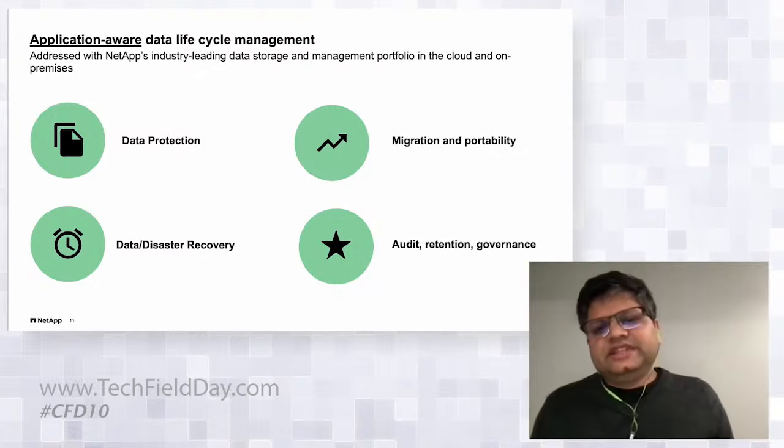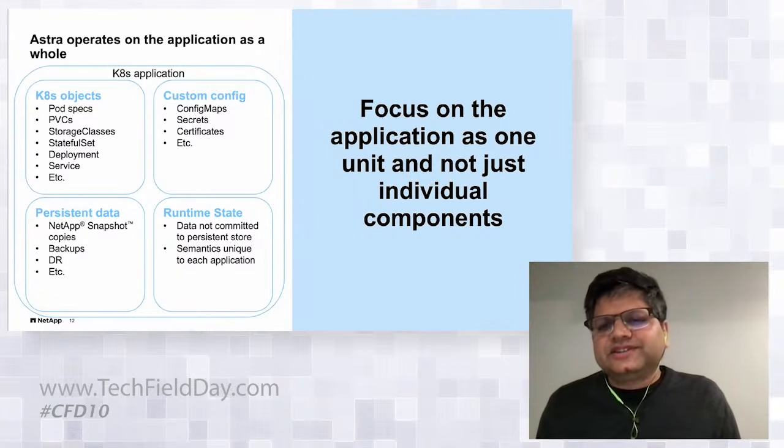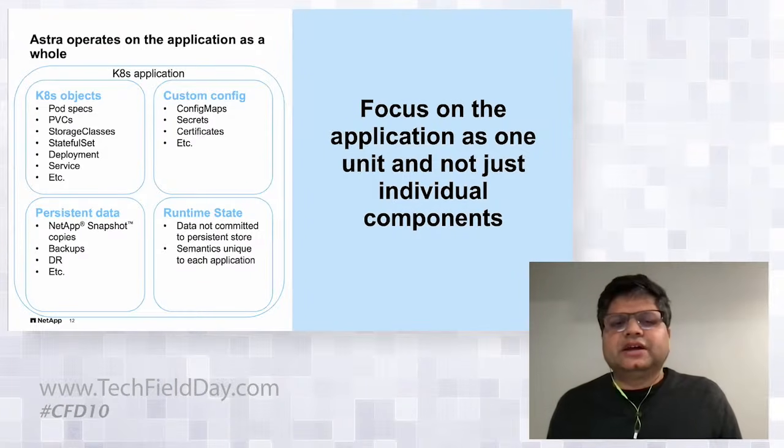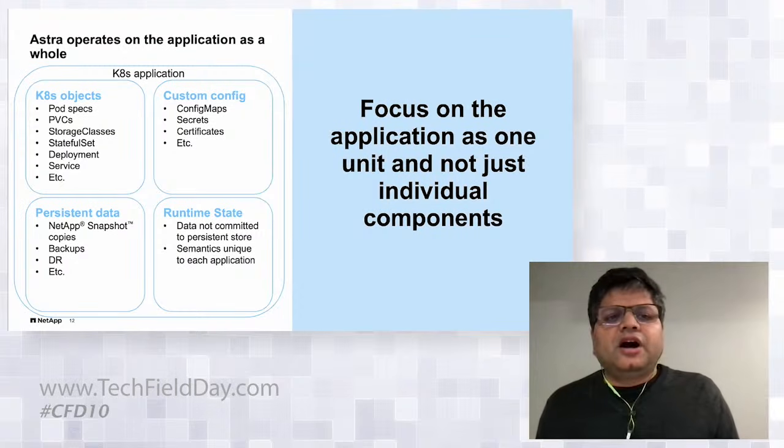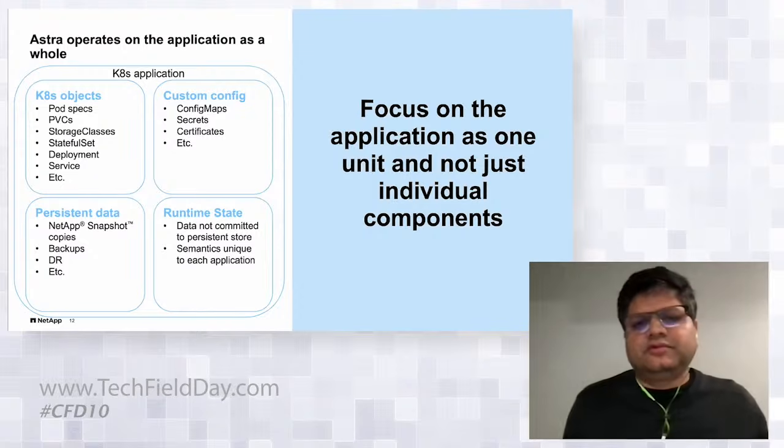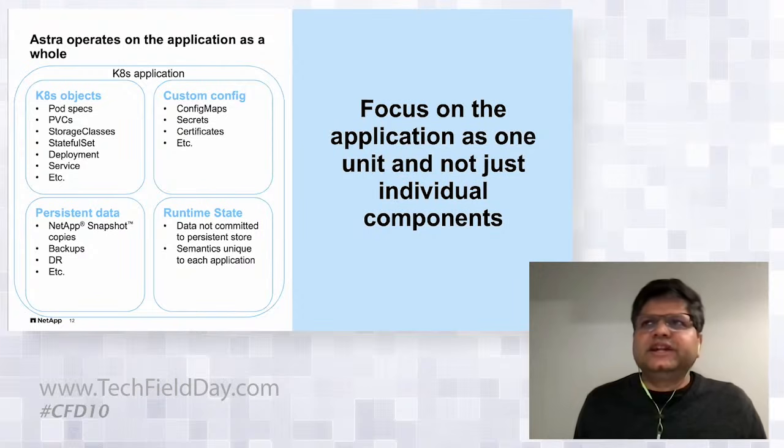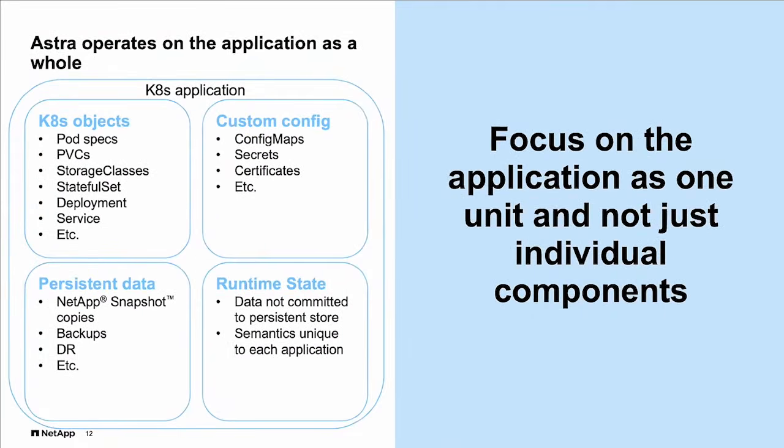So with that, let's focus on what's unique. Astra today operates on the application as a whole. What I mean by that is Kubernetes apps can have lots of things: pods, deployments, stateful sets, daemon sets, config maps, secrets. They all make up an app.